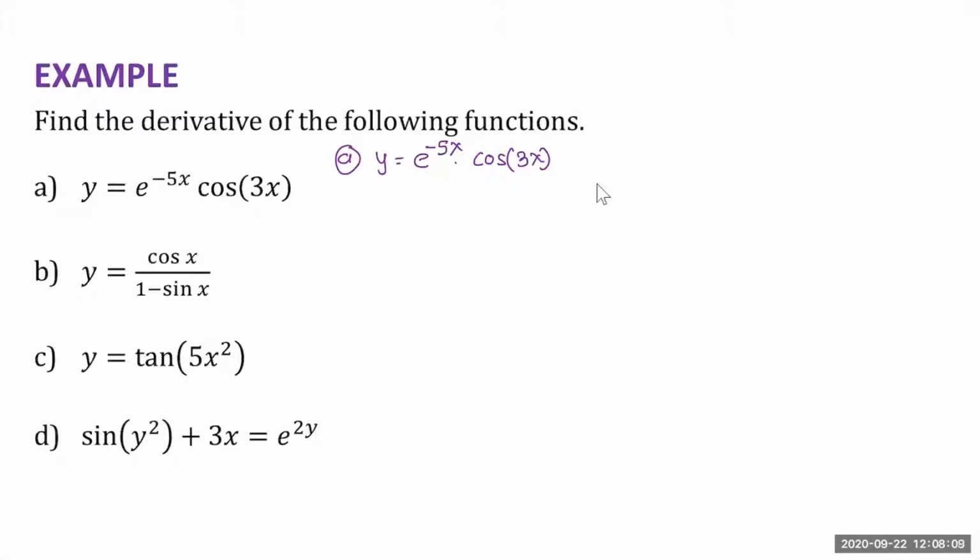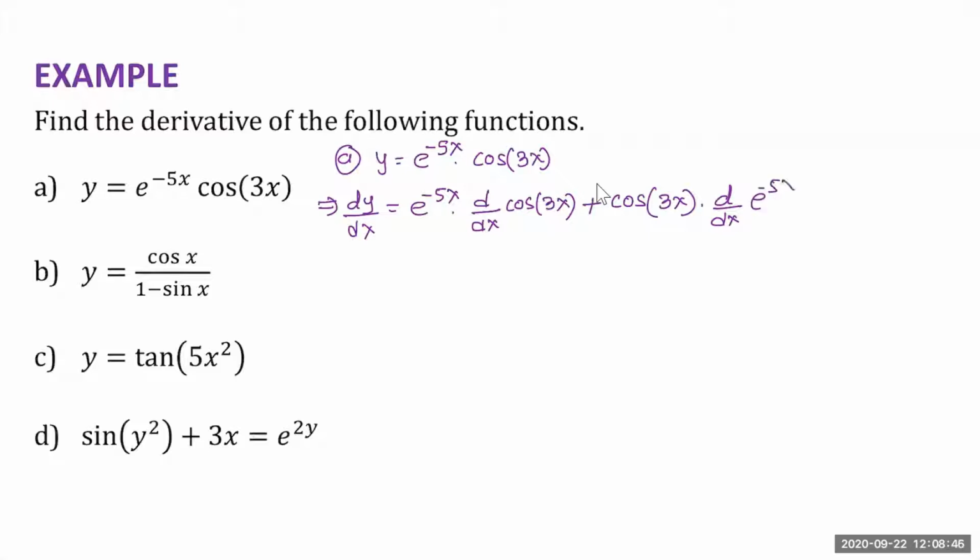So if we have a product, our first step is to use the product rule. So dy over dx is equal to the first function, which is e to the negative 5x, multiplied by the derivative d over dx of the second function, which is cosine 3x, plus the second function, cosine 3x, multiplied by the derivative of the first function, e to the negative 5x.